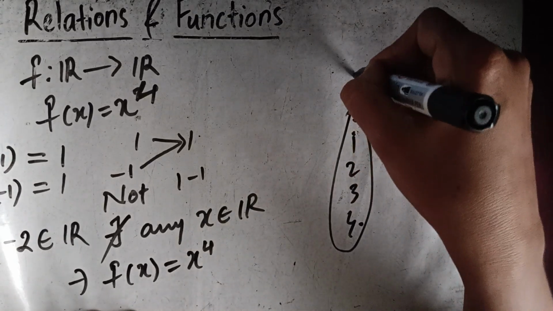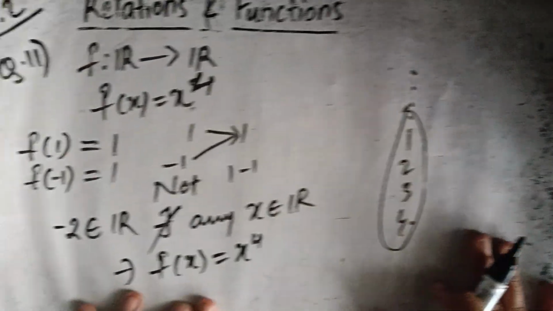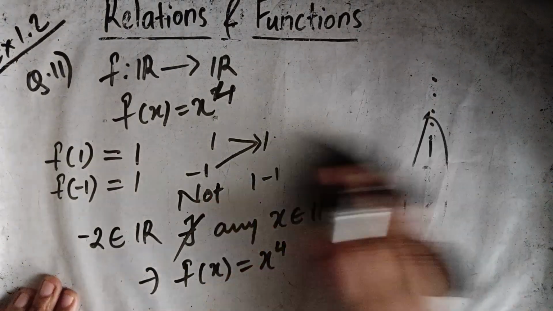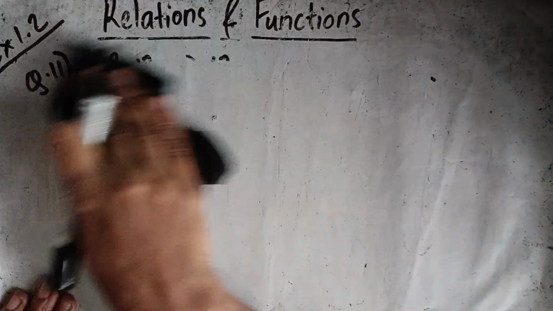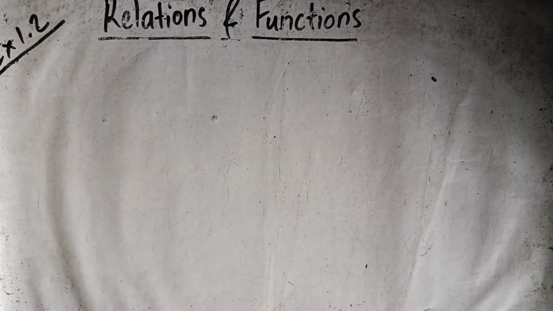What about negative numbers? Negative numbers are not covered. So this is not onto. So it is neither one-one nor onto.